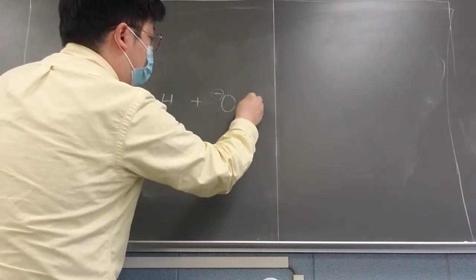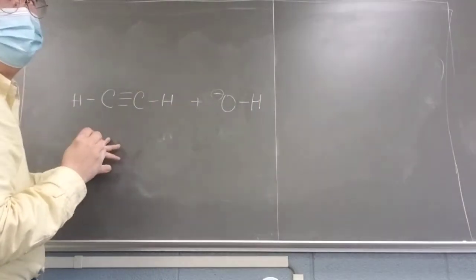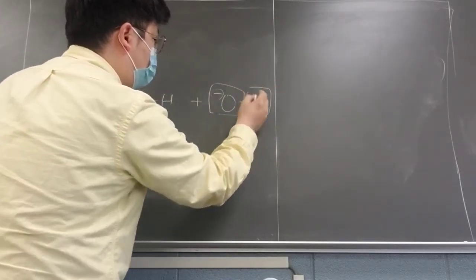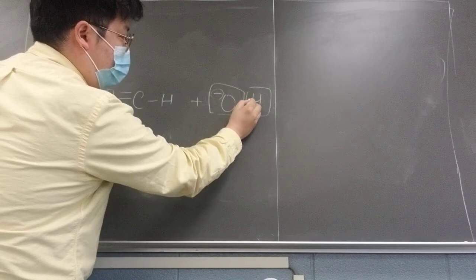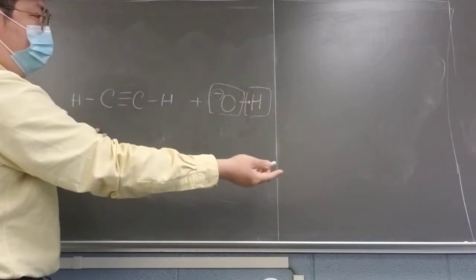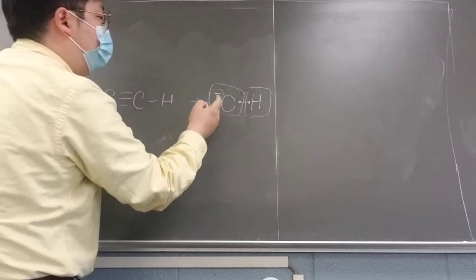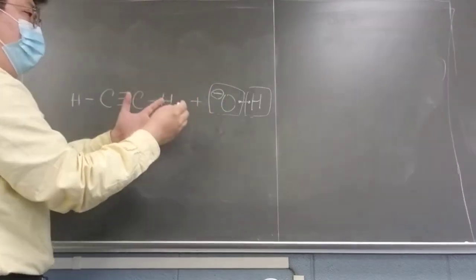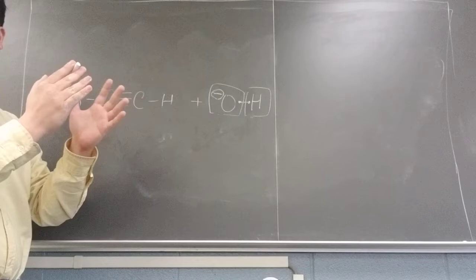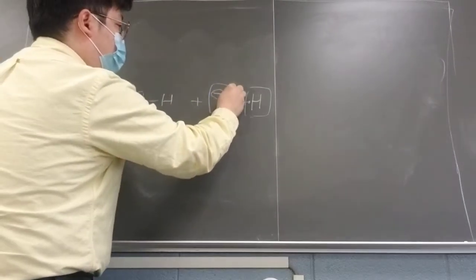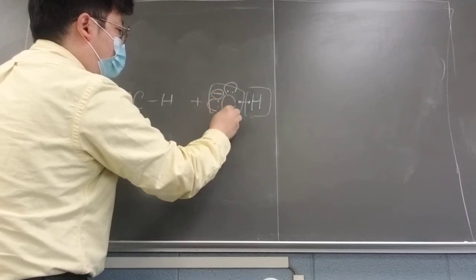I didn't show you here in detail, but what it really means is this. Hydrogen is group 1, so it only has 1 electron, and it's totally fine with that. For the oxygen, where I put the negative charge, you need to know that there are already 3 implied lone pairs.